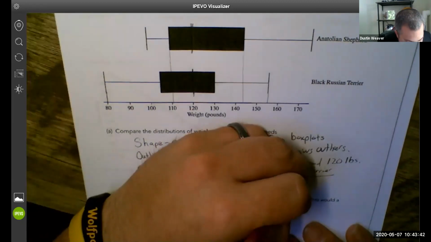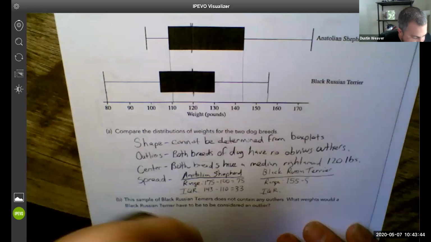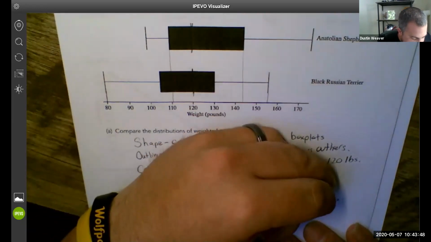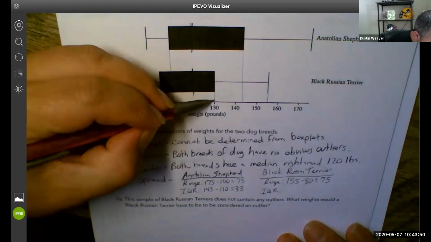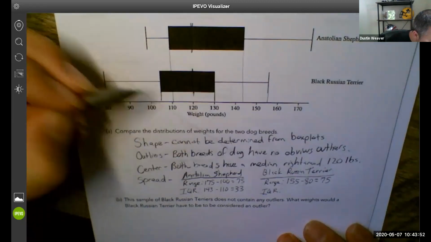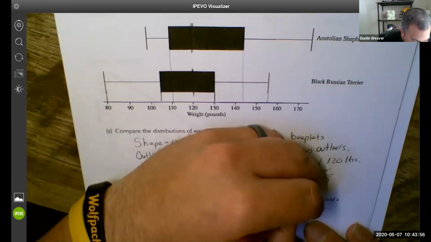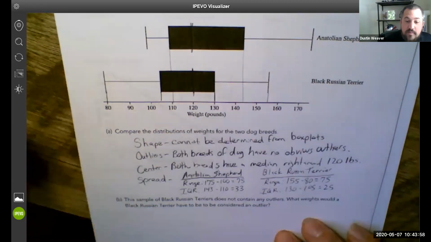I agree. So that would be a range of 75 also. And then what would be its IQR? I would say from 130 to 105. So about 25.